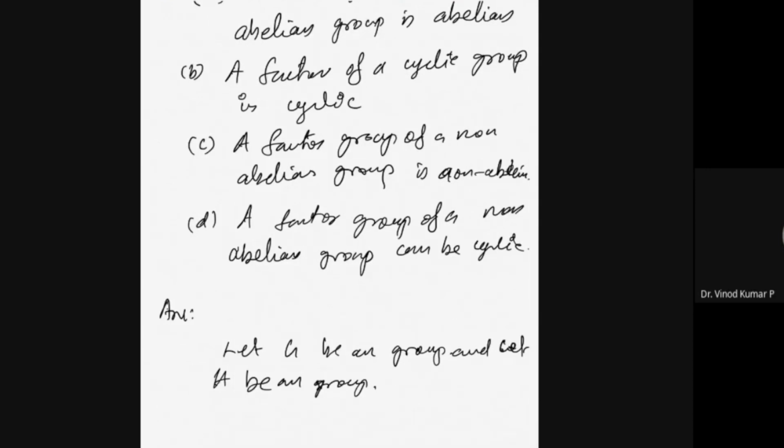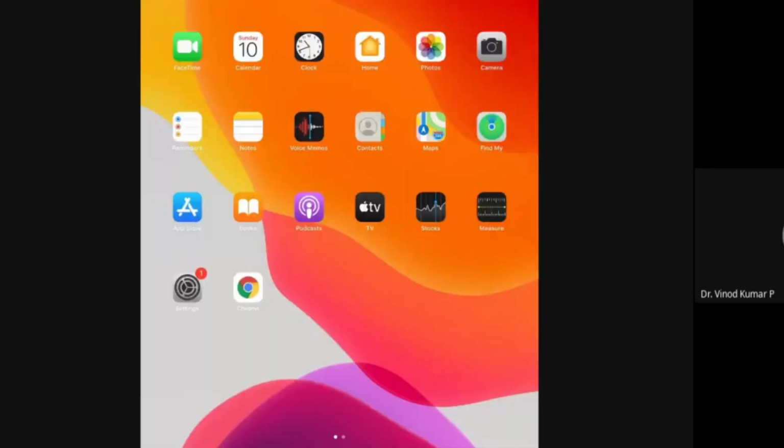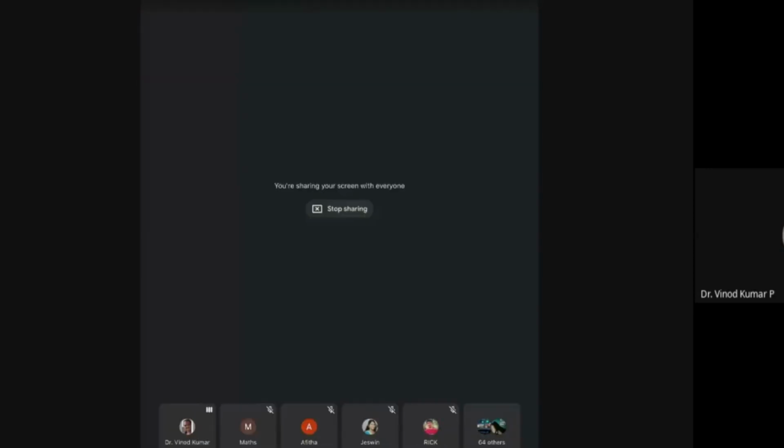If somebody has some comments, you can put them in the message box. Participants, you can answer the question in the chat box.